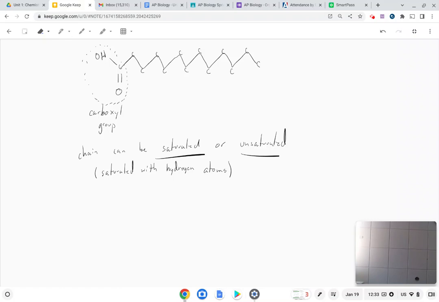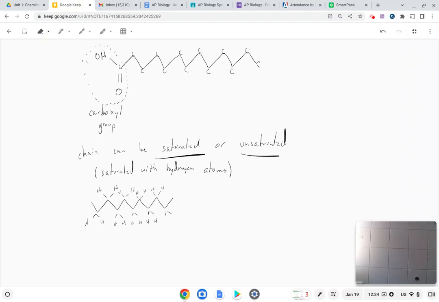So what would that look like? Saturated would look like this. In other words, there are 2 hydrogens bound to each carbon atom. That's what that would look like, okay? It's completely filled up with hydrogens.